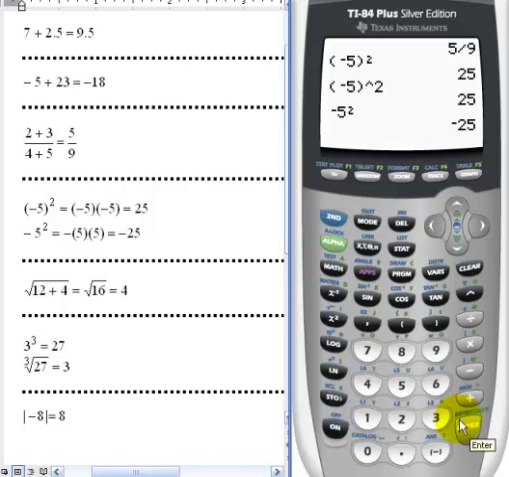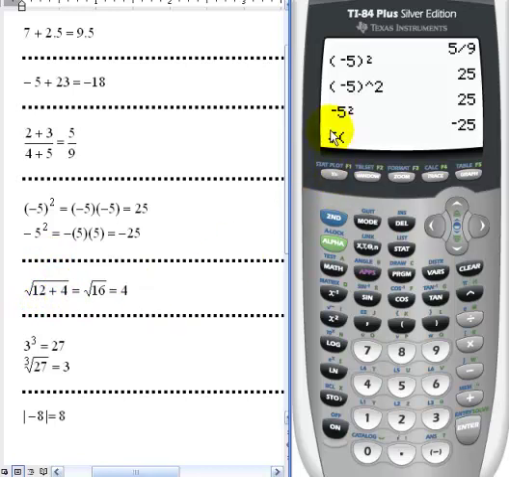Now, square root. You'll notice above the square key in blue is the square root key. So here I would do second square to invoke the square root function. In this case, I did kind of a multi-operation. Just like in the division problem up here, where I had to use parentheses for the numerator and denominator, I want to use parentheses for everything under the radical.